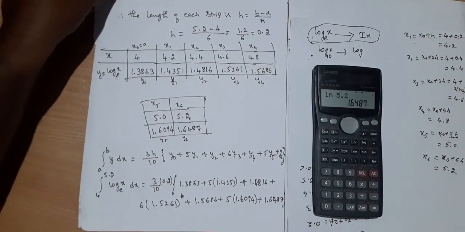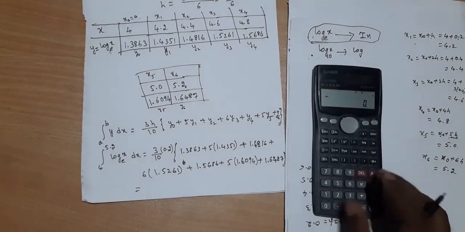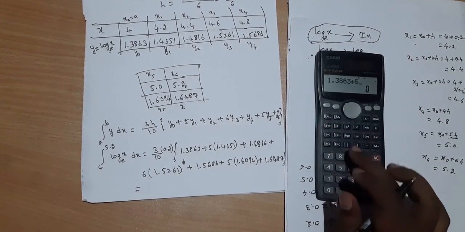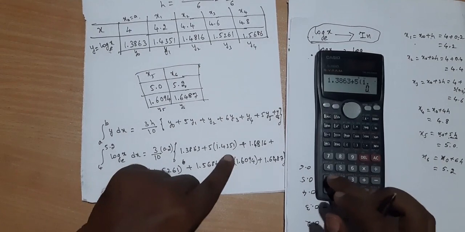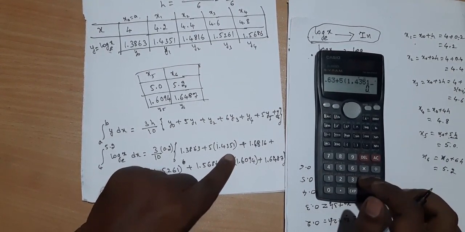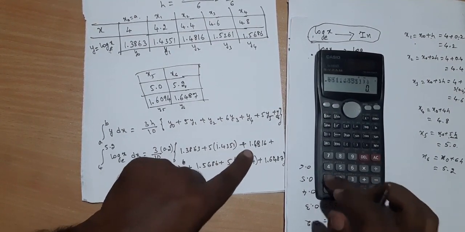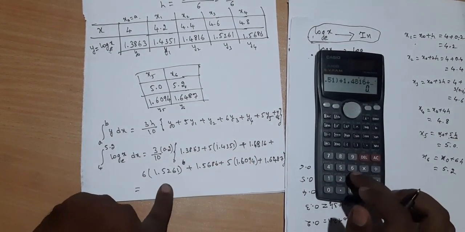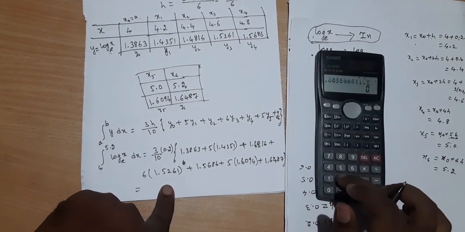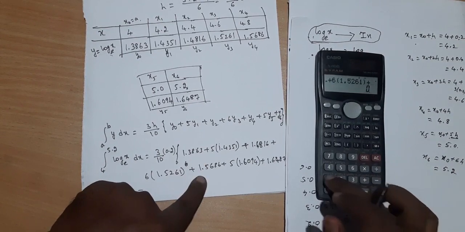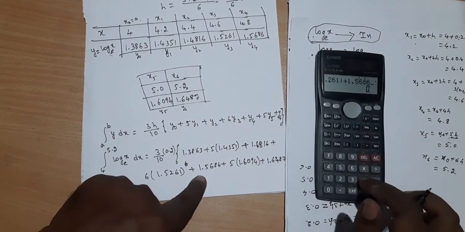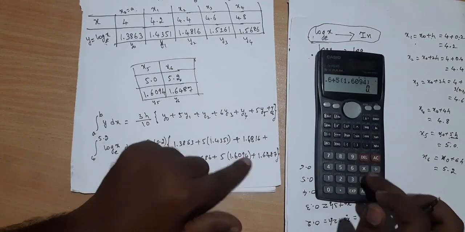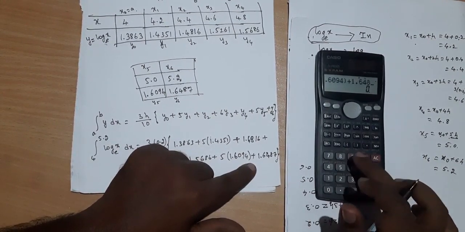So calculate. What do you get here? 1.3863 plus 5 times 1.4351 plus 1.4816 plus 6 times 1.5261 plus 1.5686 plus 5 times 1.6094 plus 1.6487.